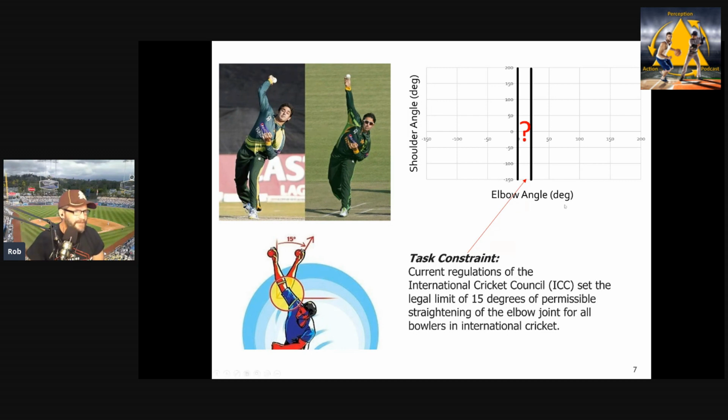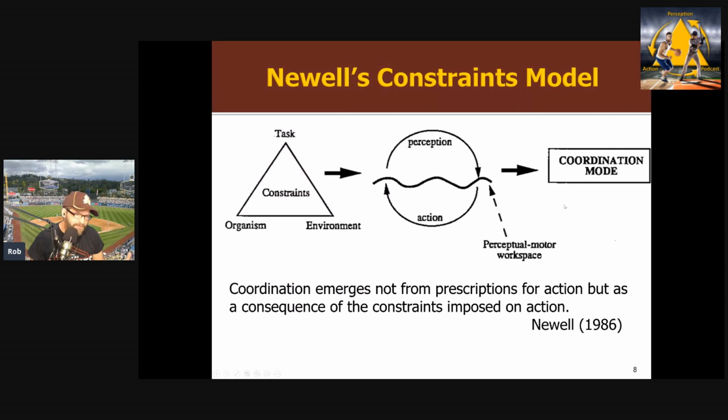And this idea was first popularized and brought into the area of motor control by Kelso and Kugler, but Newell was the one that really formalized it all in his constraints model. His idea was that coordination emerges from the interaction of the constraints, right? We solve the degrees of freedom problem by reacting to the constraints.